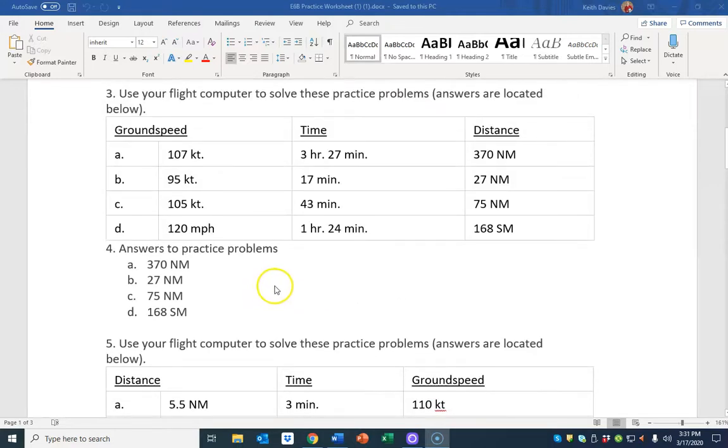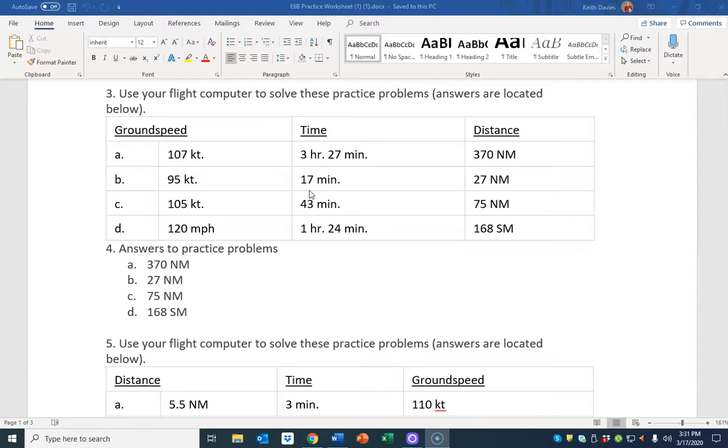For number two, we want to find how far you go if you're traveling a certain speed in a given time. So let's go down here. We're going 95 knots. How far am I going to go in 17 minutes? So it's basically the same method. Now you want to go 95 knots, which there's 9 and 5, and we'll put it right there.